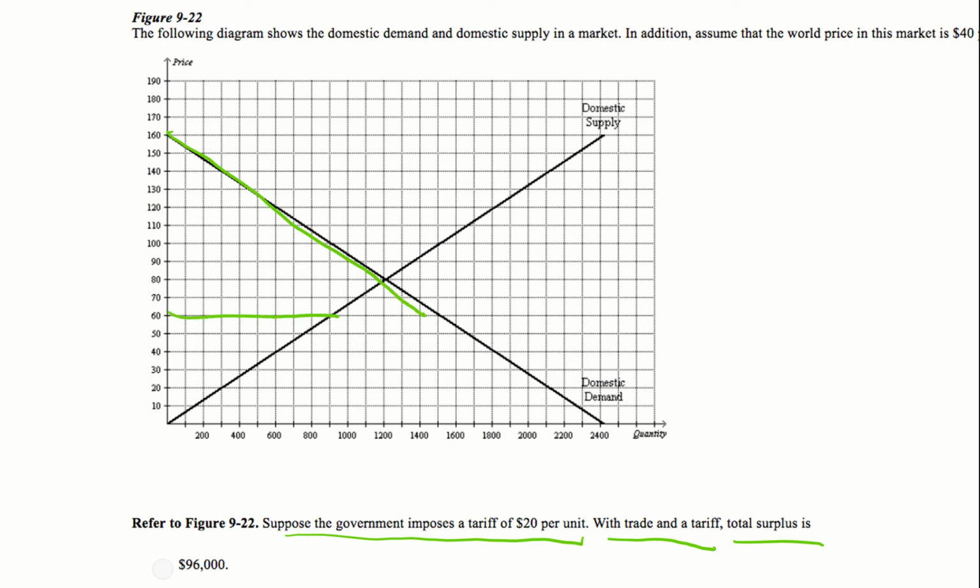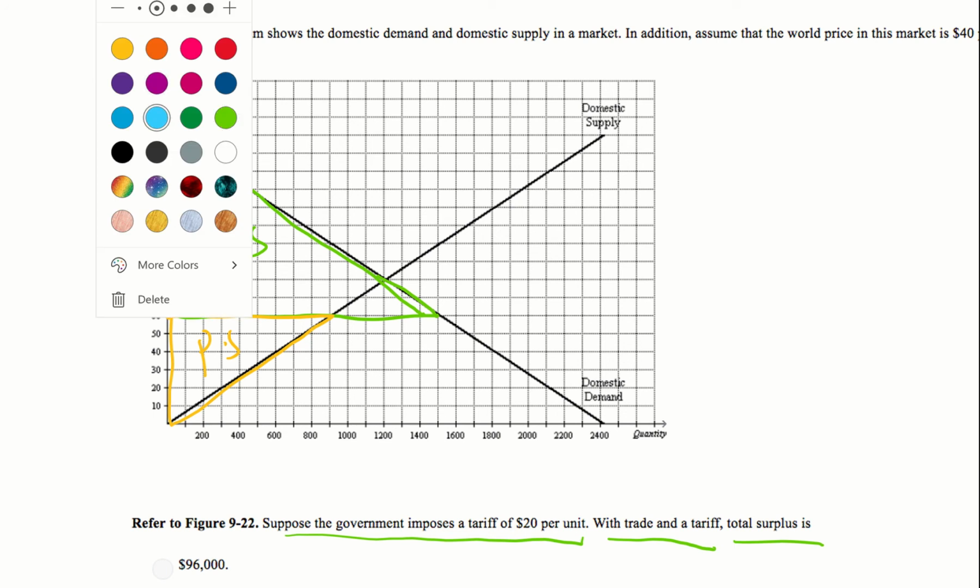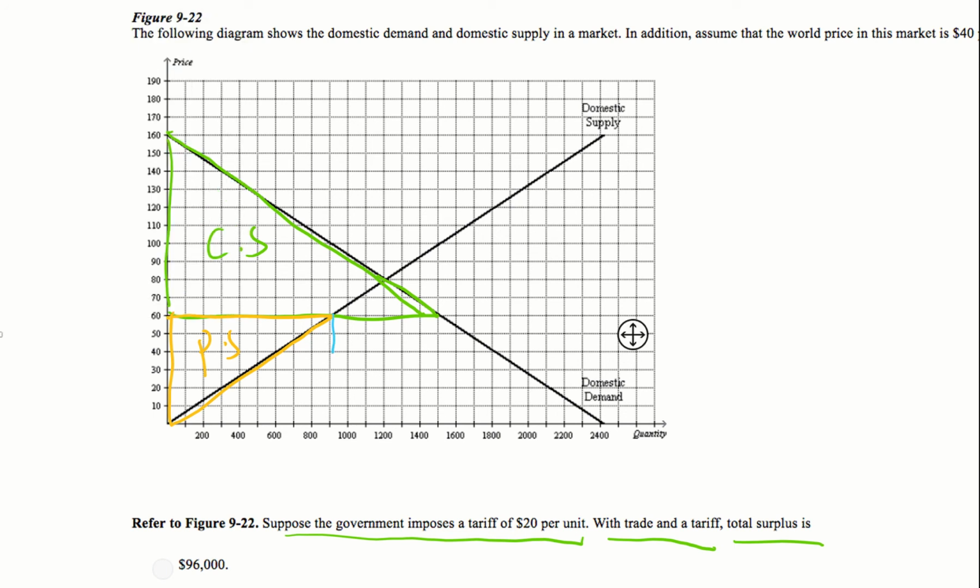So at 60, that is our consumer surplus on top. Producer surplus is right here. That is the producer surplus. In a different color, right here is our tariff revenue.